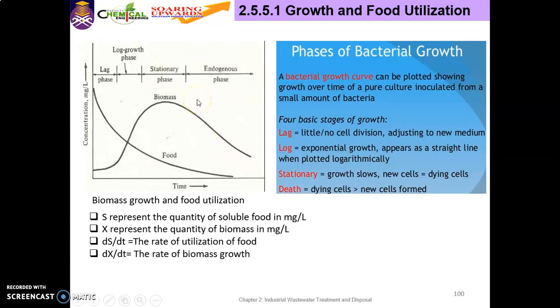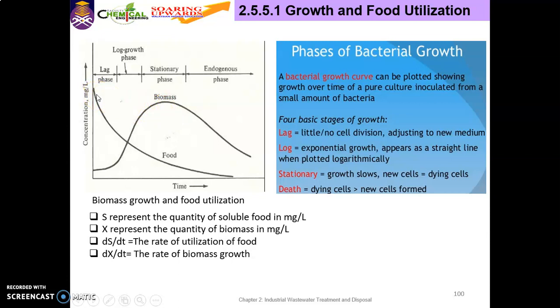If you look at this graph, concentration versus time, this is the growth and food utilization phases. It can be divided into four: the first is the lag phase, then the log growth phase, the stationary phase, and lastly the endogenous phase. We have two lines.